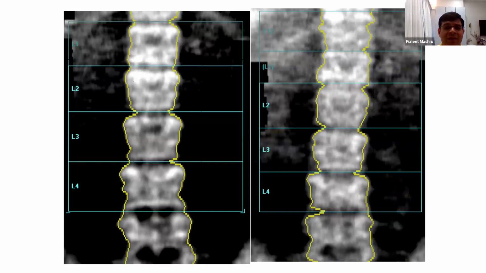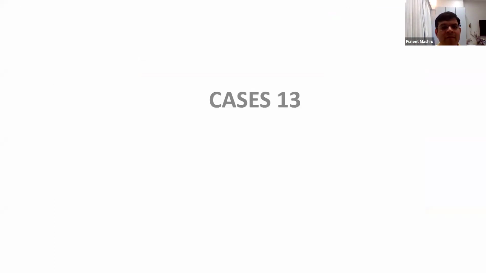This patient actually has had a fracture on treatment and will need to be switched to another agent, preferably teriparatide or something else. So we are not very happy. We need to upgrade the therapy. So we must look at the scans in detail and not take the DEXA report at face value.